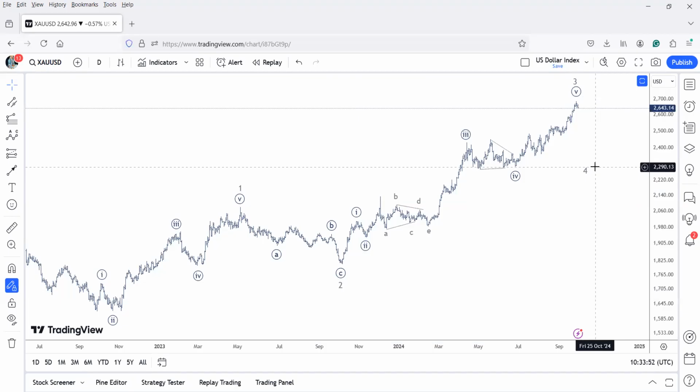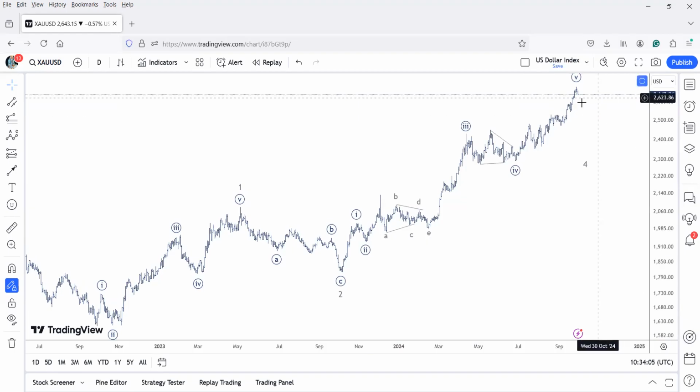Alternately, there is the last decline, but that could not be a minor wave 4. I mean, it is too short to be discussed as a minor wave 4 actually. So maybe one more leg lower and then push higher to terminate wave 3 minor before minor wave 4 resumes.